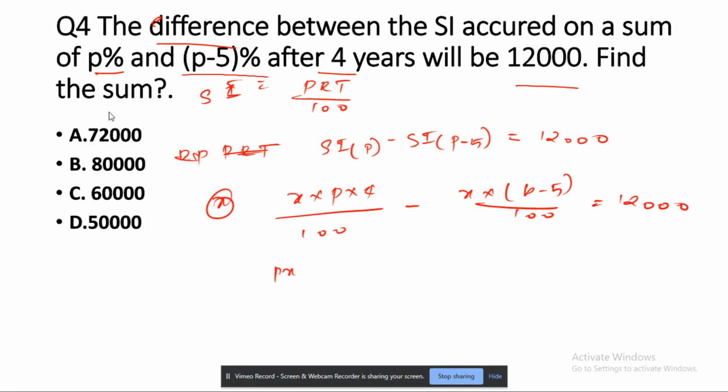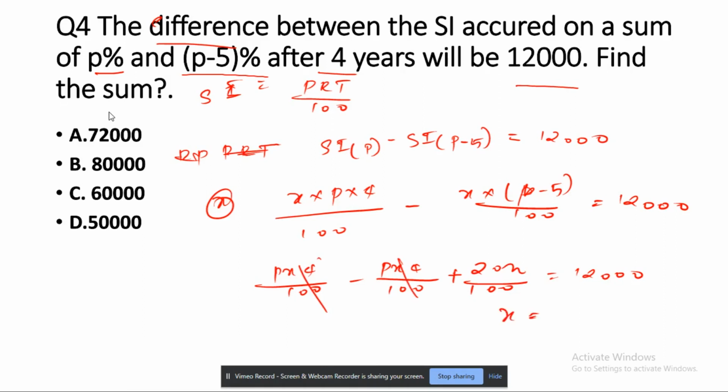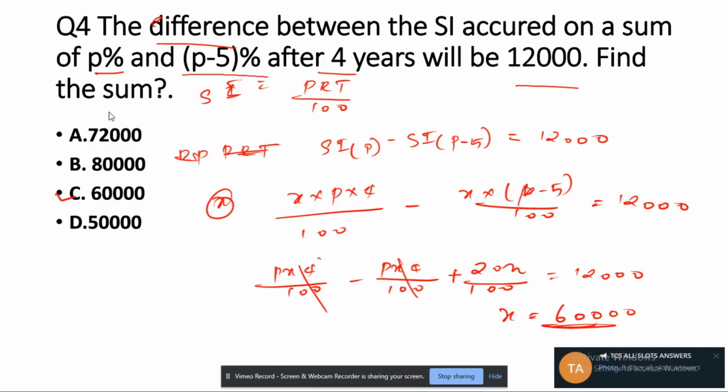By solving this, Px4 divided by 100 minus Px4 divided by 100, and minus and minus will give plus 20x divided by 100 is equal to 12,000. So we can write these two cancelled. So we can write x equal to 60,000. So the answer is option C.